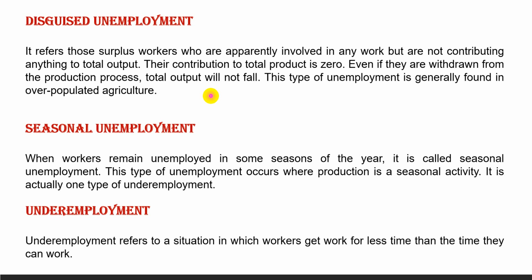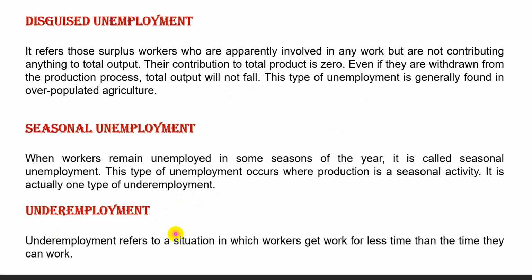Seasonal unemployment. When workers remain unemployed in some seasons of the year, it is called seasonal unemployment. This type of unemployment occurs where production is a seasonal activity. It is actually one type of underemployment. What is underemployment?